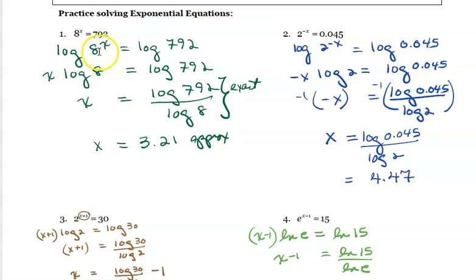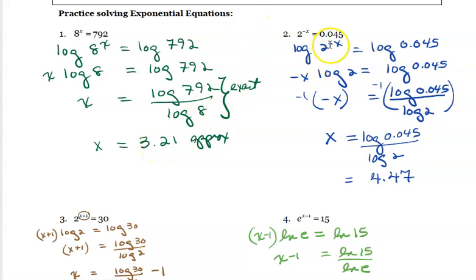So here, log of 8 to the x equals log of 792. Doing it on both sides makes it a legitimate algebraic operation. So my goal is to isolate my log. Here I have log 792 over log 8. That is an exact answer. We're looking for approximations to 2 decimal points. Put this in your calculator just the way you see it, and you should get 3.21.